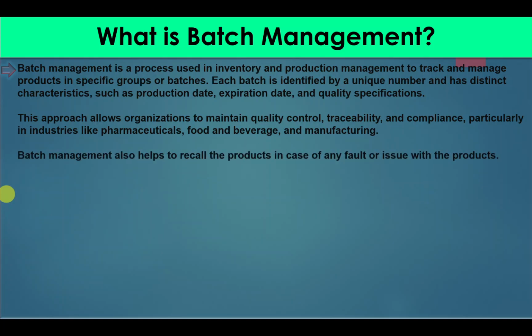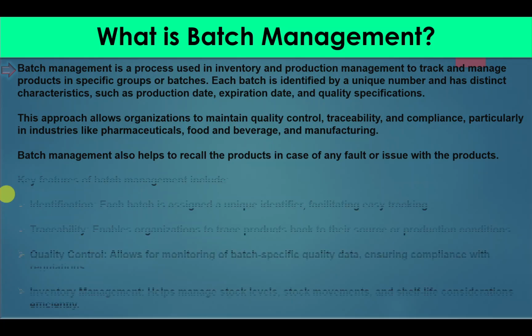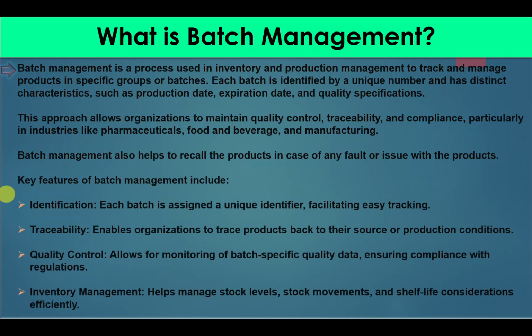It also helps to recall products in case something goes wrong with a certain product, so we can identify that batch and recall those products. These are certain features of batch management, why we need it. A batch is used for identification, traceability, and good quality control, and along with it we can have proper inventory management as well.